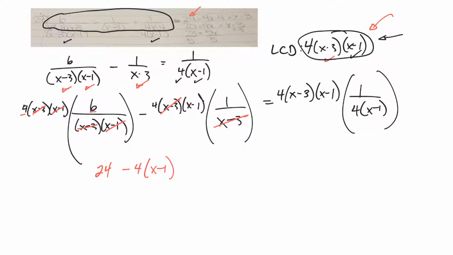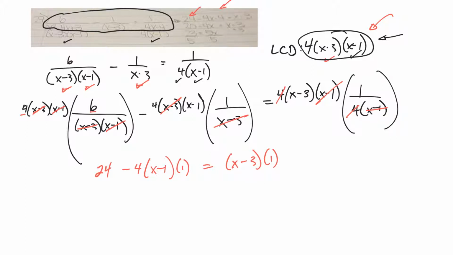That's what you have up here too. Times 1, but when you multiply it by 1, it doesn't really change. But anyway, that's good for that one, is equal to, okay, the 4 goes, and the x minus 1 goes, so I have x minus 3 times 1.